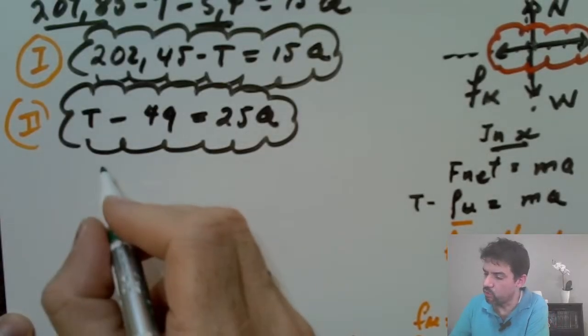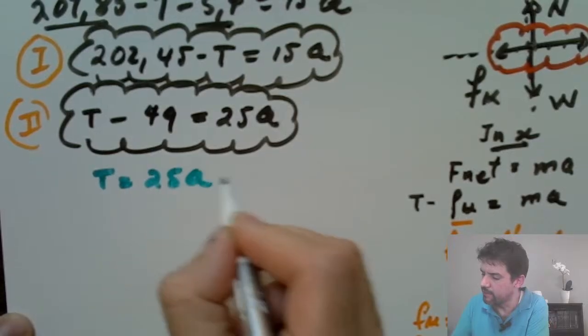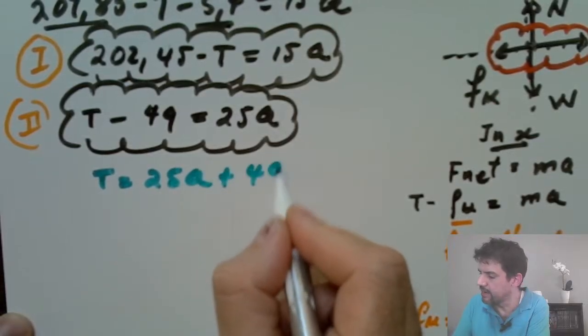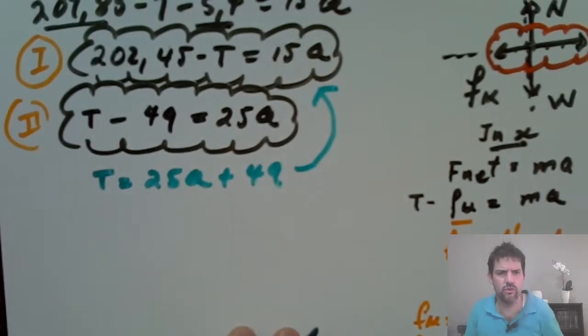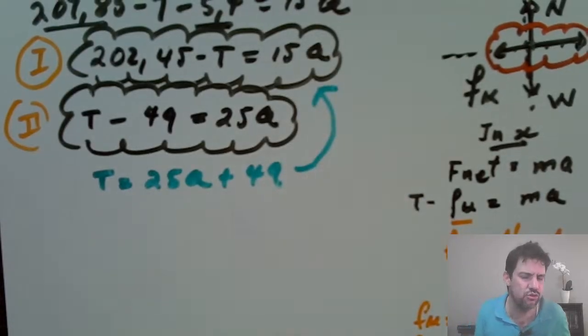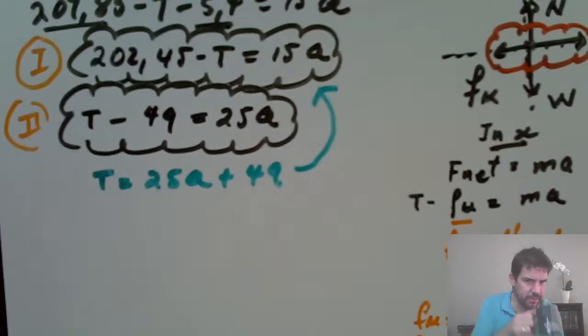Then you can come from equation 2 and you say T is equal to 25A plus 49. And then you substitute in there. All right, that is what we're going to do. I generally like to add the two equations instead, but we can do this one here. So let's substitute that tension in there.